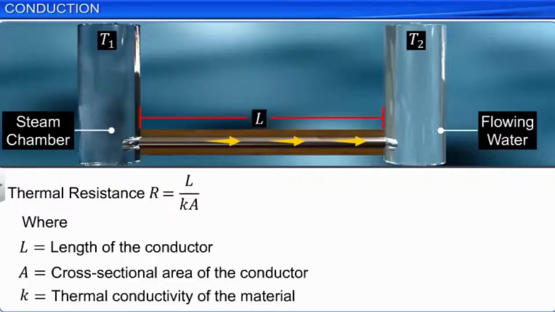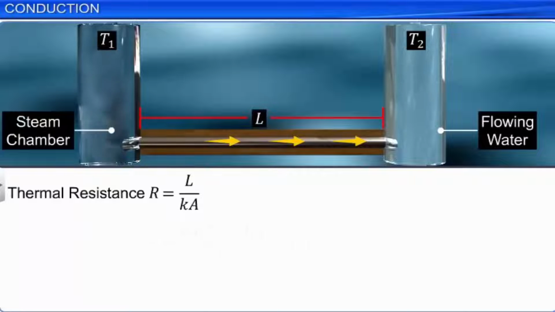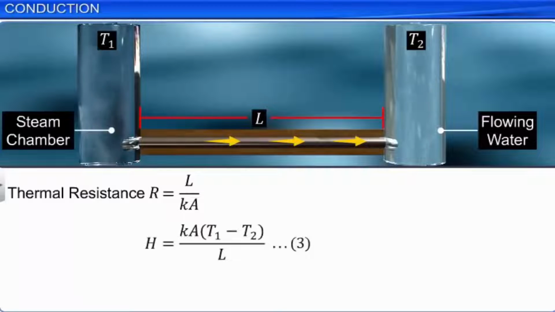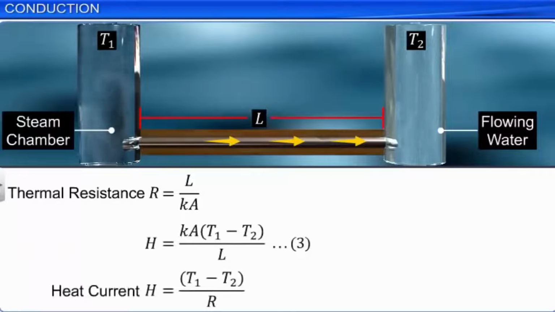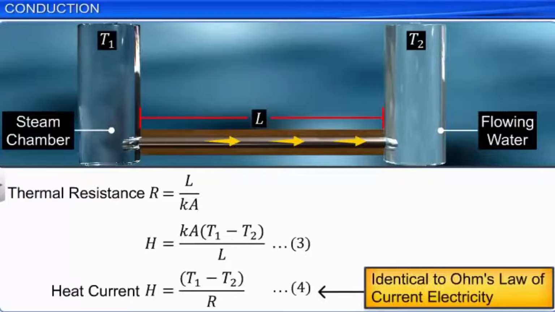Now, equation 3 can be written as heat current H is equal to T1 minus T2 by R. Let this be equation 4. Equation 4 is identical to Ohm's law of current electricity. This identity can be extended to some other cases as well.